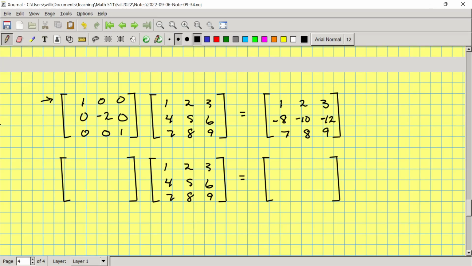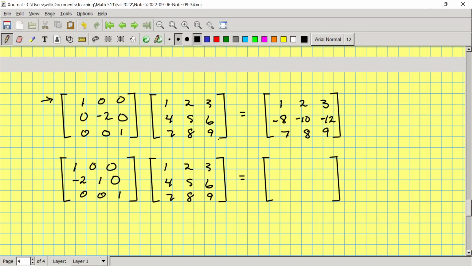So we're not changing the first row, and we're not changing the third row, but we're adding -4 times row 1 to row 2. And isn't the inverse just changing the -4 to a +4? Adding 4 times row 1 to row 2.